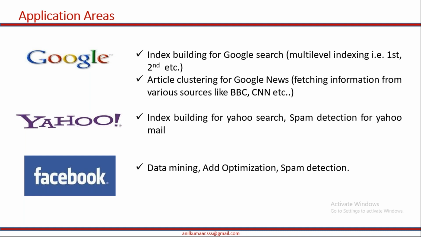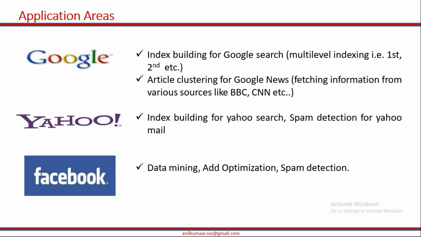That's what Google is doing with index building, because it's getting data from different sources. That has to be clustered and you'll get the information like that. For that, it has to do some multi-level indexing, and all that will be prepared by this MapReduce pattern.